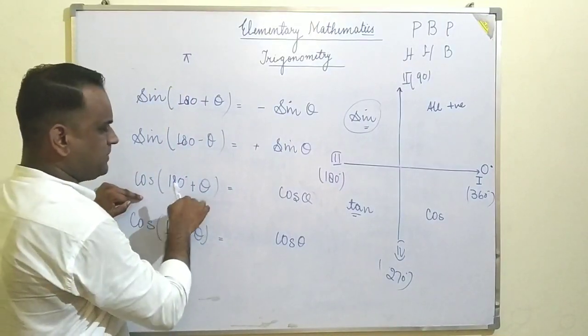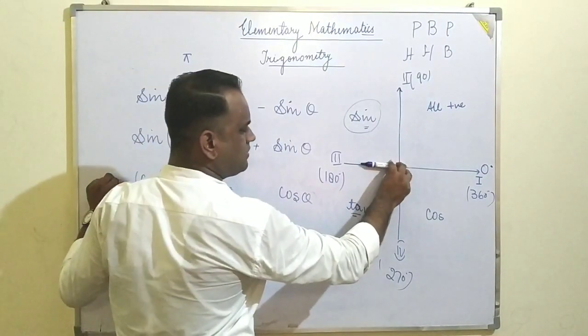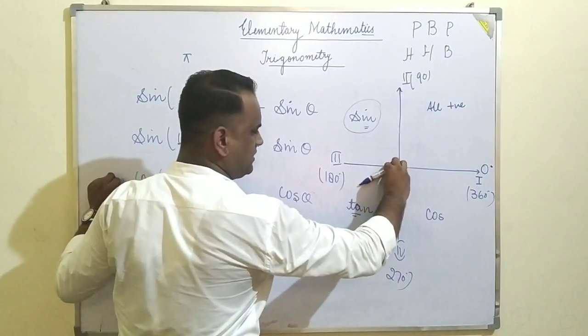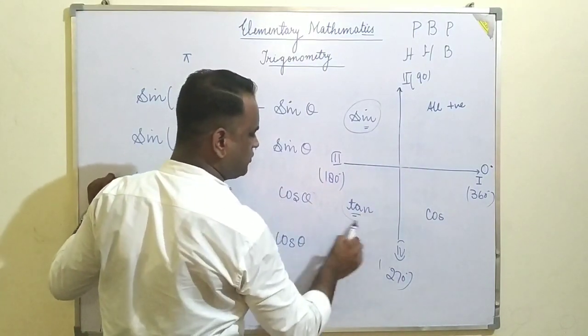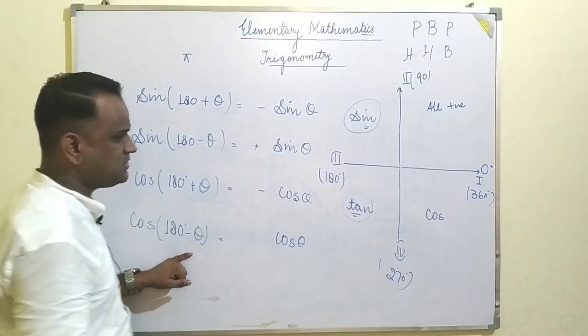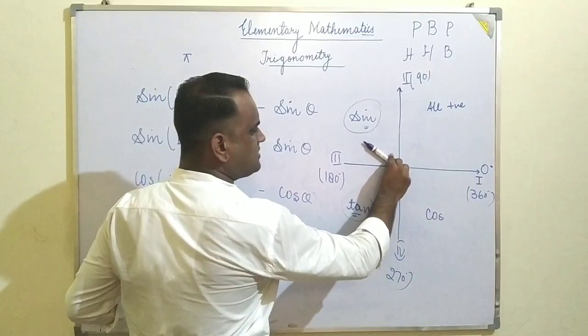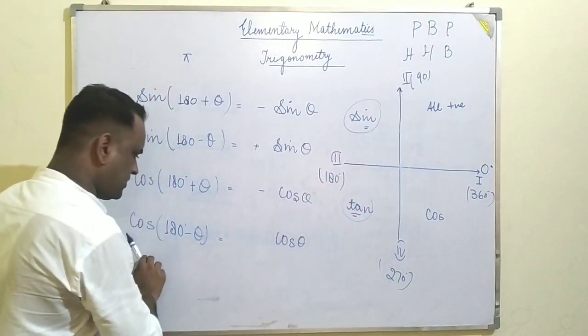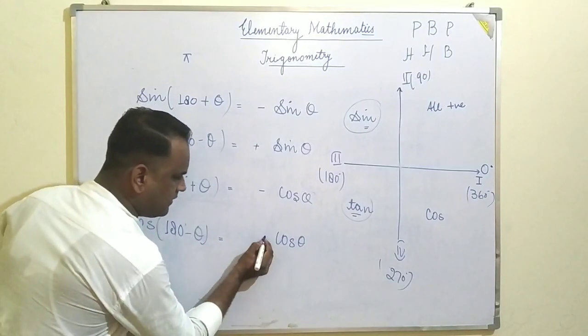Cos(180 plus theta): 0, 90, 180 and plus theta here. Only tan is positive, so it will be negative. And cos(180 minus theta): in the second quadrant only sin is positive, but here it is cos, so it will be negative.